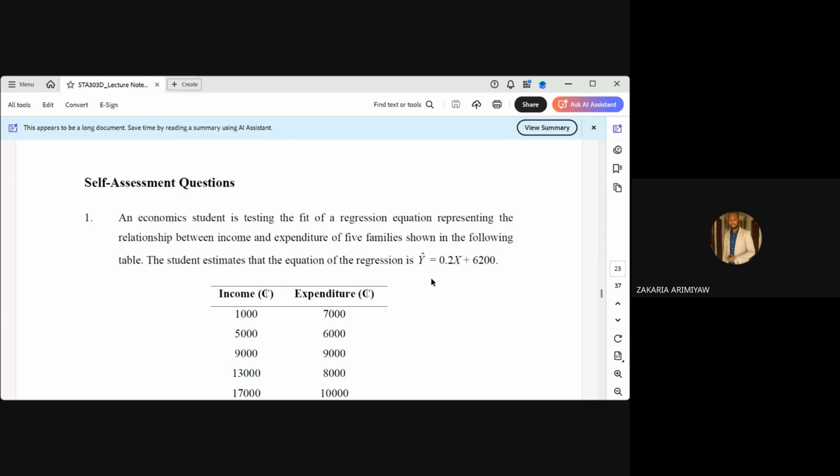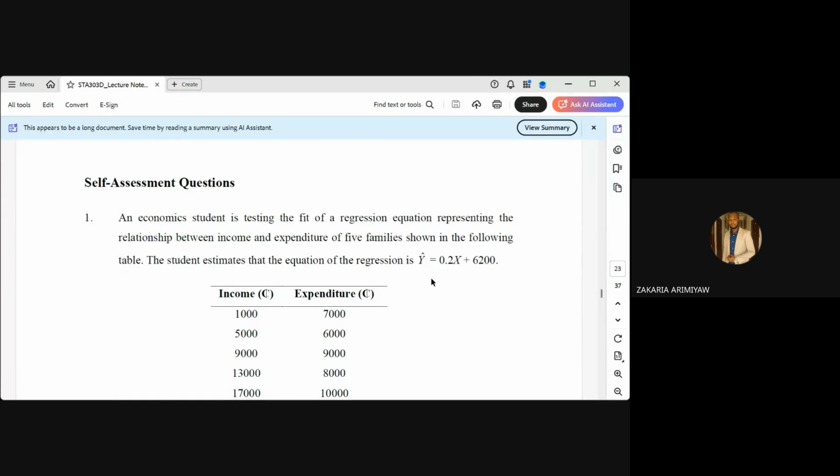If you do the residual plot and the residuals form a linear pattern, it tells you that the model is still not a good fit. We should expect random residual plots.